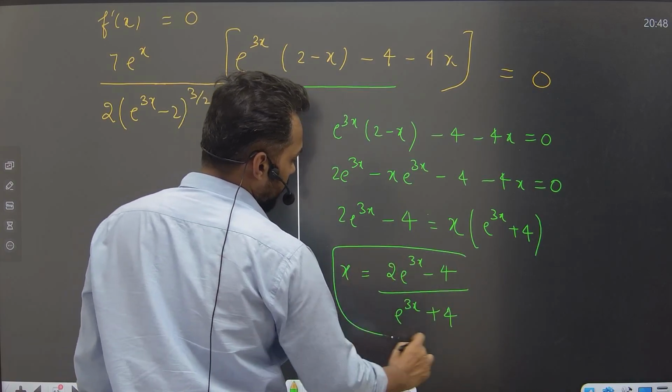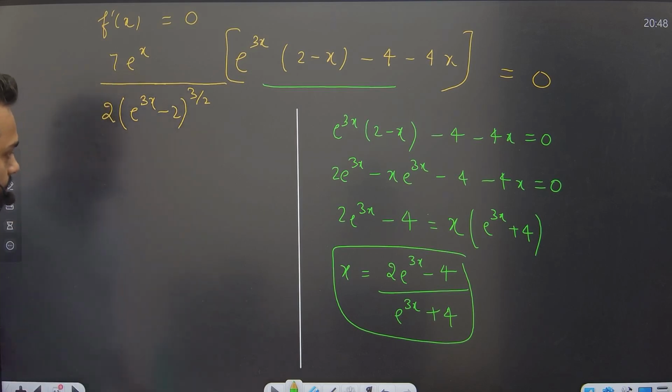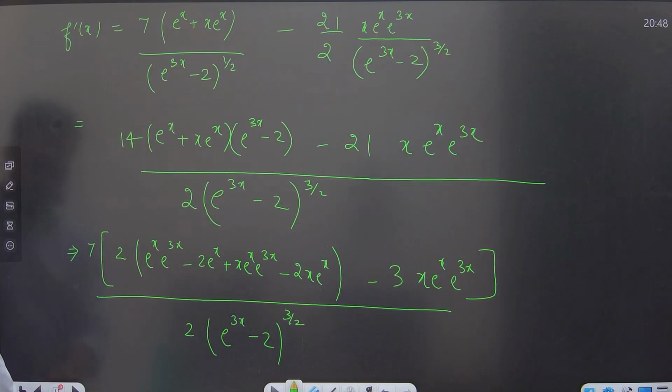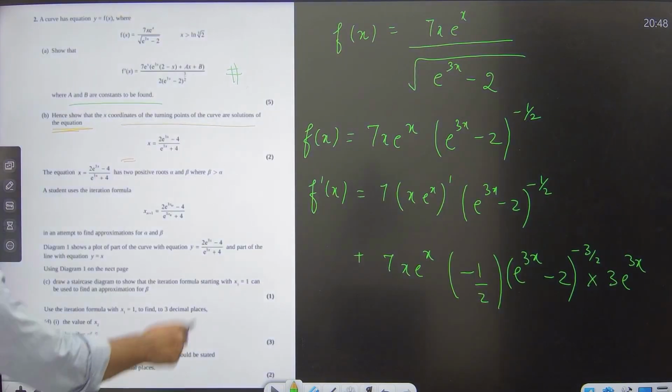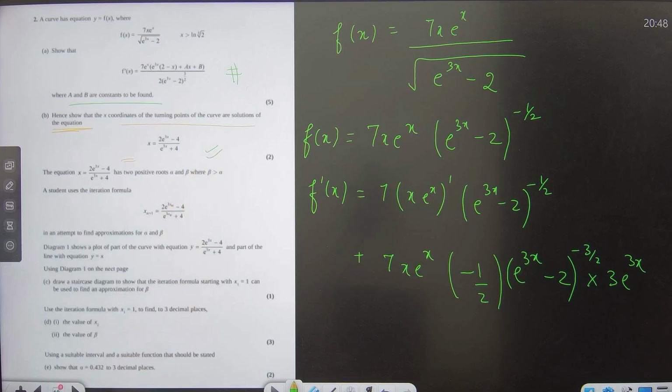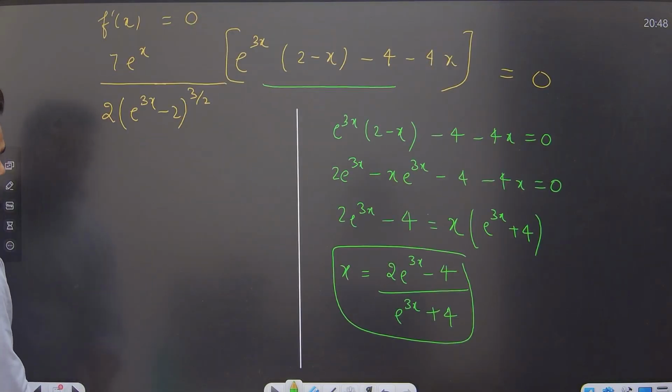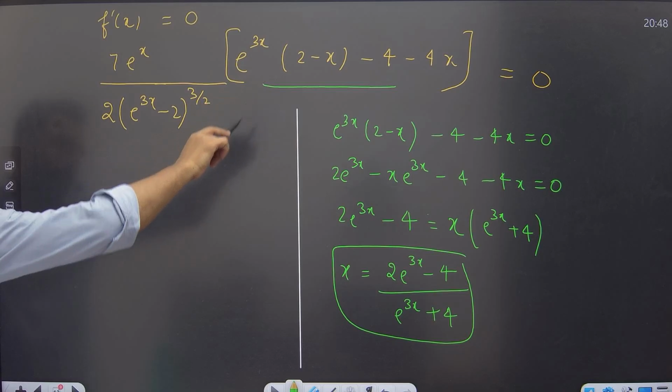This is the required value which they have asked in the question. Okay. So the x coordinate will be this part which we have calculated here. So this function I have kept as 0.